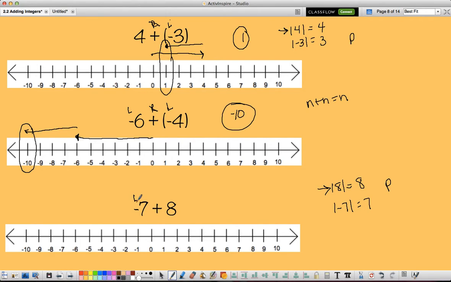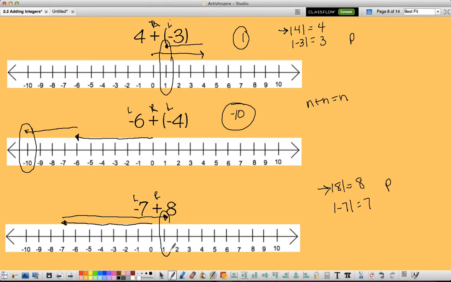So here, the negative sign tells me to go left, so I go left 7 spaces. 3, 4, 5, 6, 7. And now, this tells me to go right, and I have no negative sign to change that, so now I go right 8 spaces. So 1, 2, 3, 4, 5, 6, 7, 8.